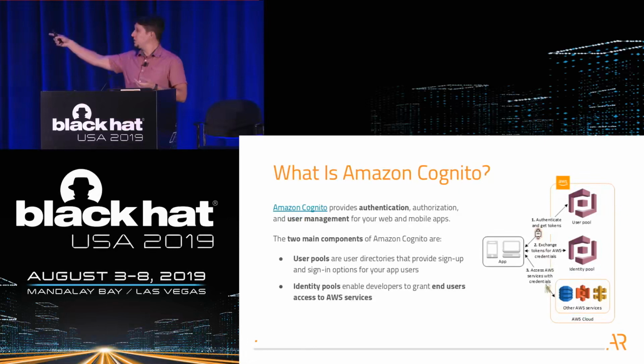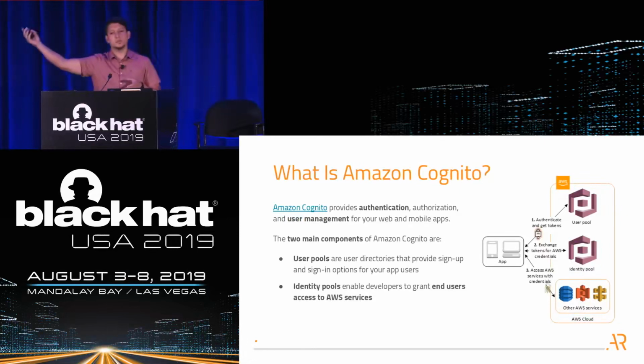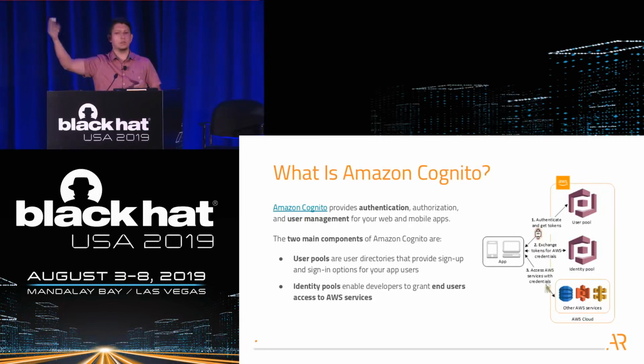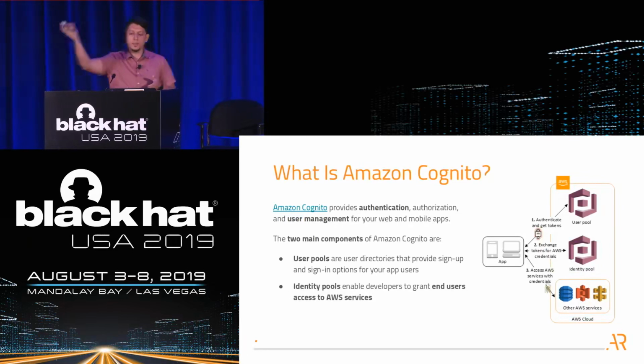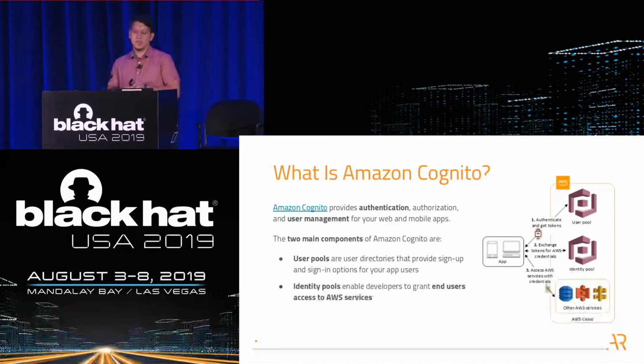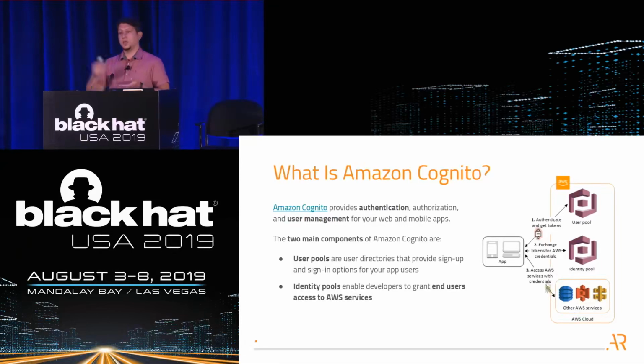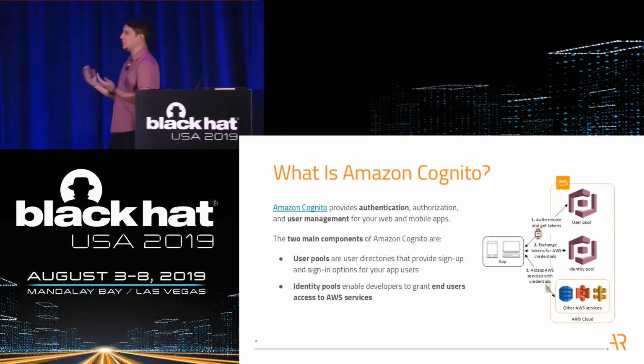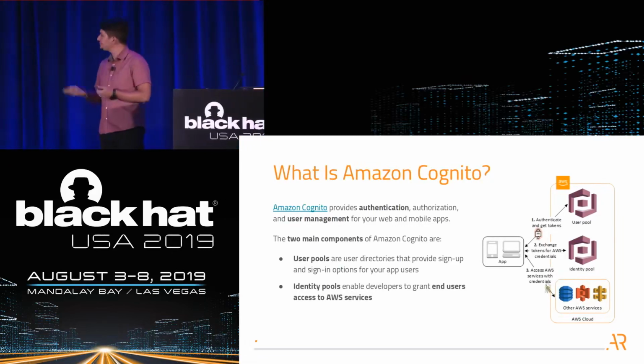In that graph, you can see how the mobile application talks first to the user pool and authenticates in some way, then talks to the identity pool in order to get AWS credentials, and finally, the mobile application consumes AWS services, S3, DynamoDB, Lambda functions, whatever.